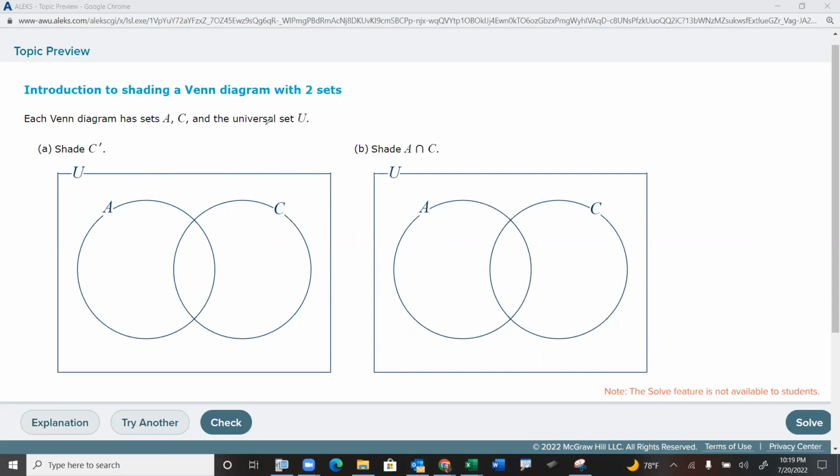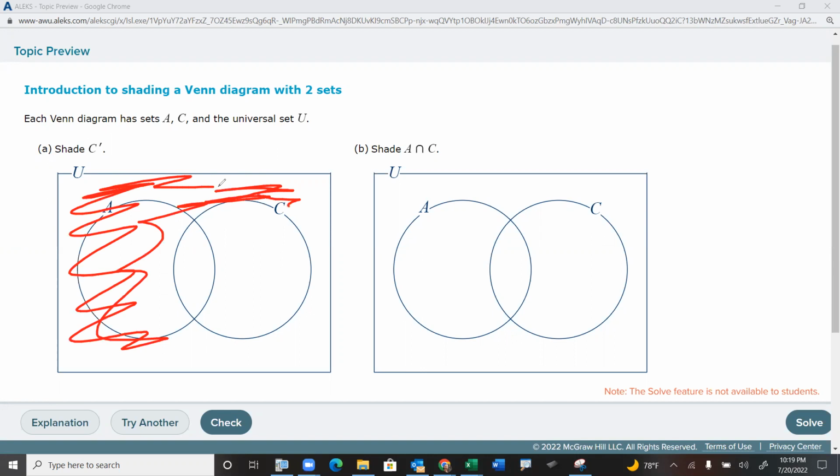It's an exponential thing. It just keeps doubling. This means C complement, the opposite of C. So everything that's not C, that's C complement.